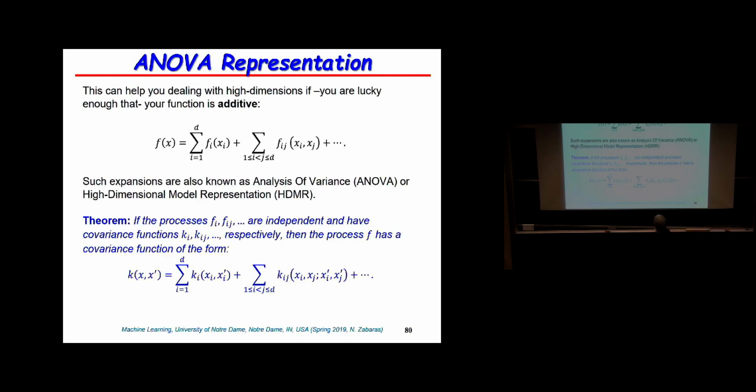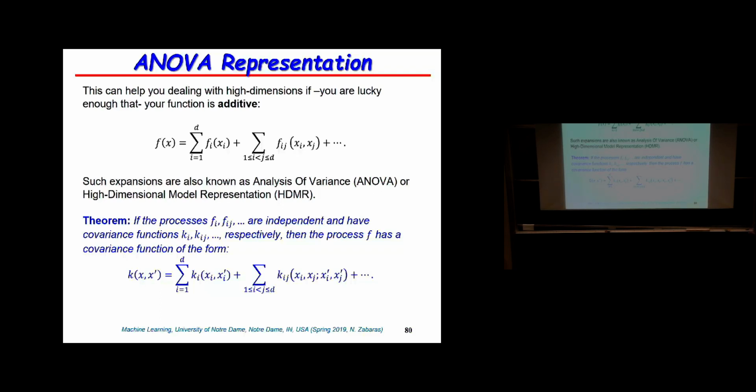If you have a function in high dimensions that you can decompose into one body effects, where all these terms involve only one variable at a time, then two body interactions, three body interactions, this is what's called a high dimensional model representation, or ANOVA expansion.